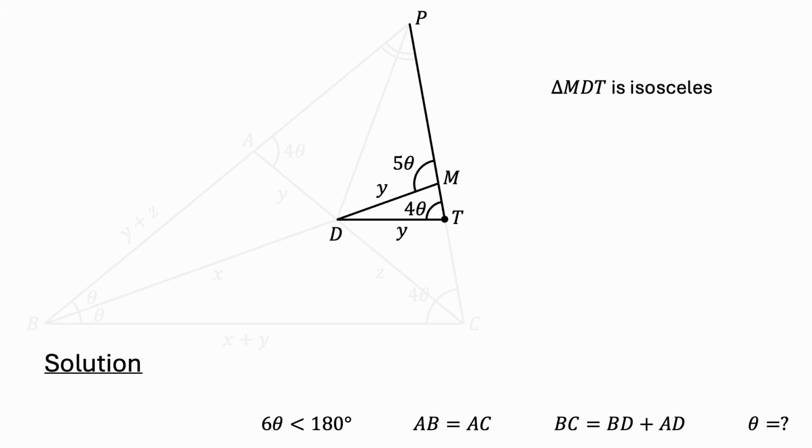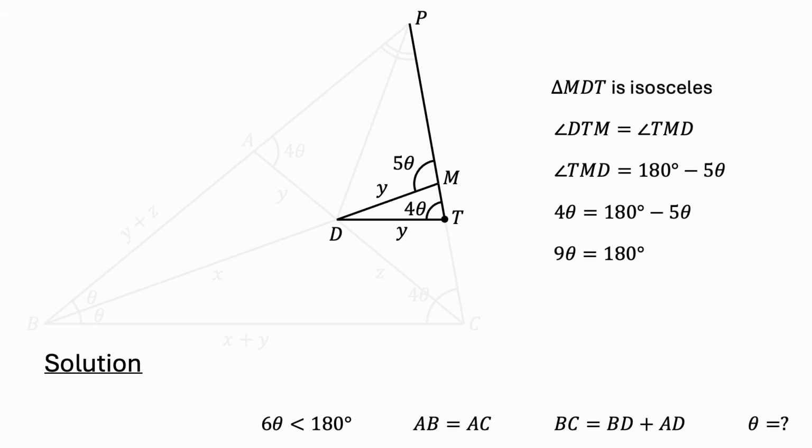Since the base angles of an isosceles triangle are equal, we have angle DTM equals angle TMD. Since angle TMD equals 180 degrees minus 5 theta, we get 4 theta equals 180 degrees minus 5 theta, and so 9 theta equals 180 degrees. Therefore, theta equals 20 degrees is the solution to our problem.